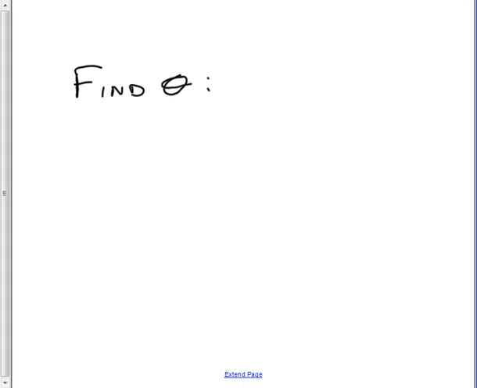This time we're going to do cosecant theta is equal to 2.64. Okay, so one more time. We're looking for theta. So you're going to use 1 over sine. Good. Now, think about it though.